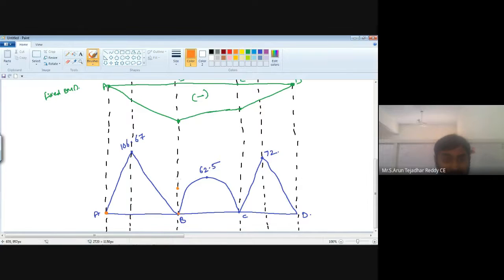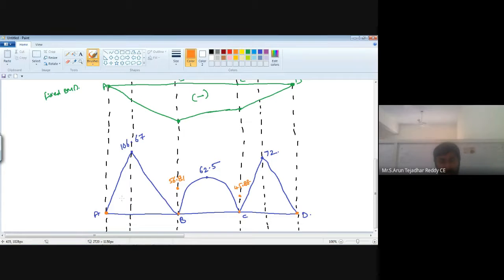Better write the values clearly. 56.81 here, and at point C we got 45.88. This is 56, this is 62, and somewhere here we'll get 45.88. Moment at D is 0.